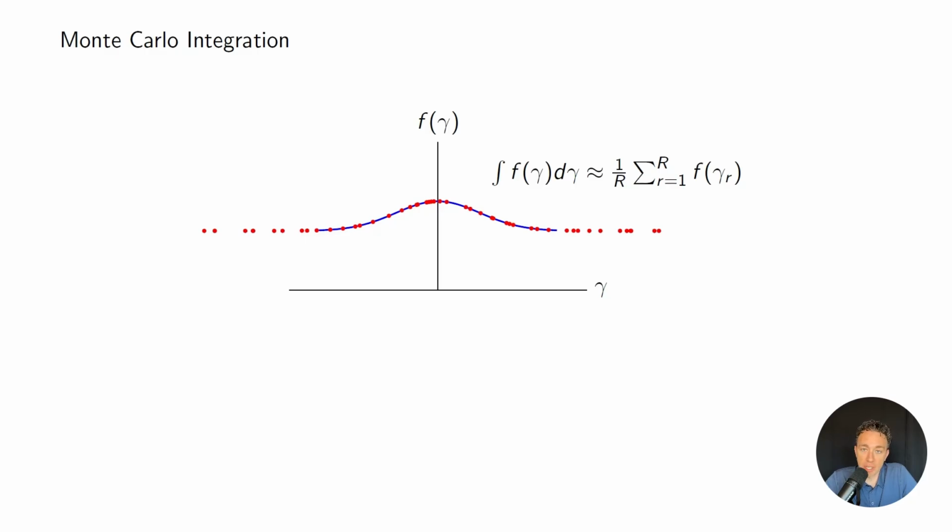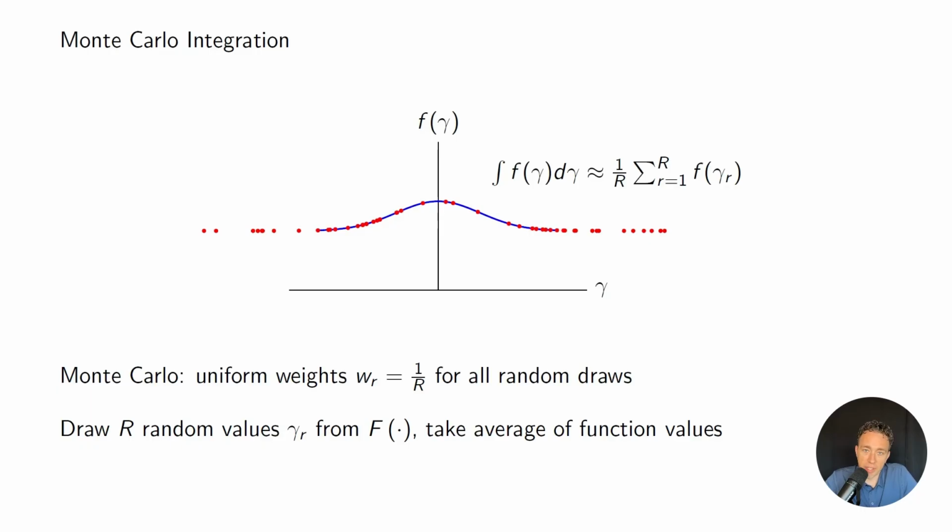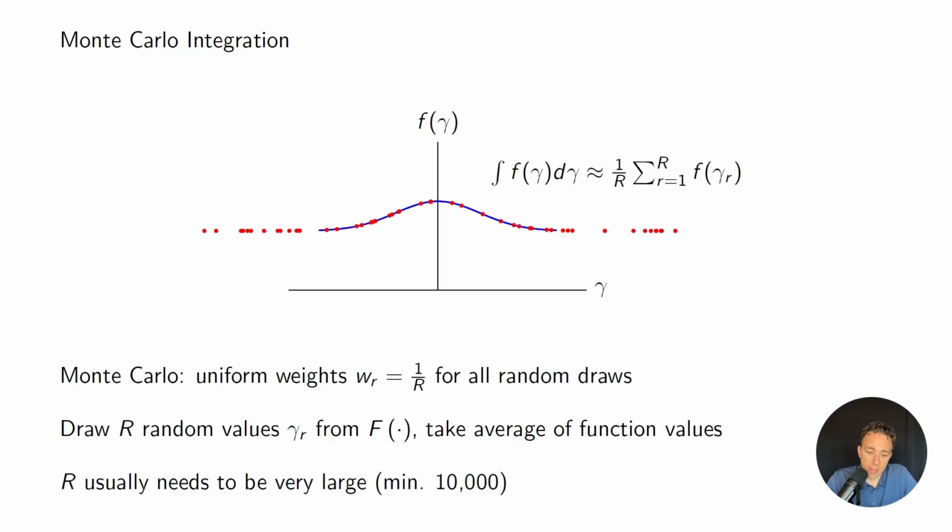And then I'm just going to sum the value of the objective function or the PDF that we're trying to integrate over, to approximate the integral. So with Monte Carlo integration, we're having uniform weights of 1 over r for all of our draws, and we're just going to draw some number from the support of our distribution, and then just take the average across all those, and that's going to be our integral. And if r is very, very large, then this will converge to the correct integral value.